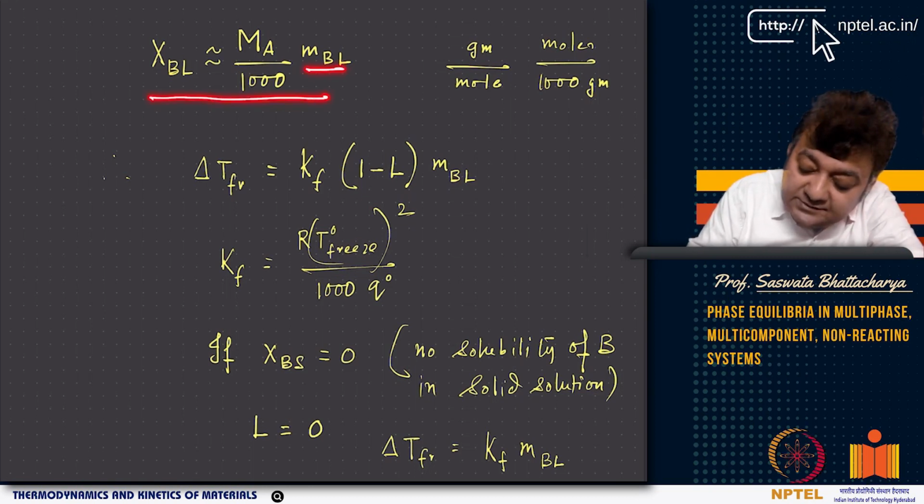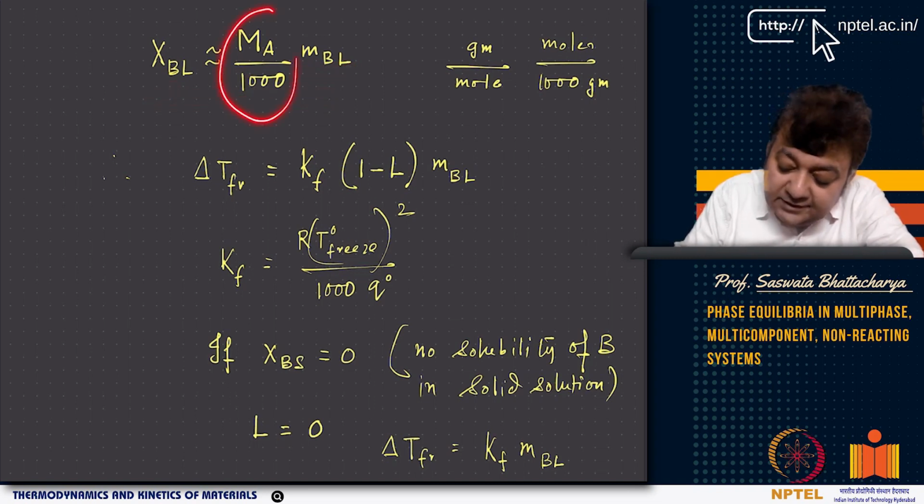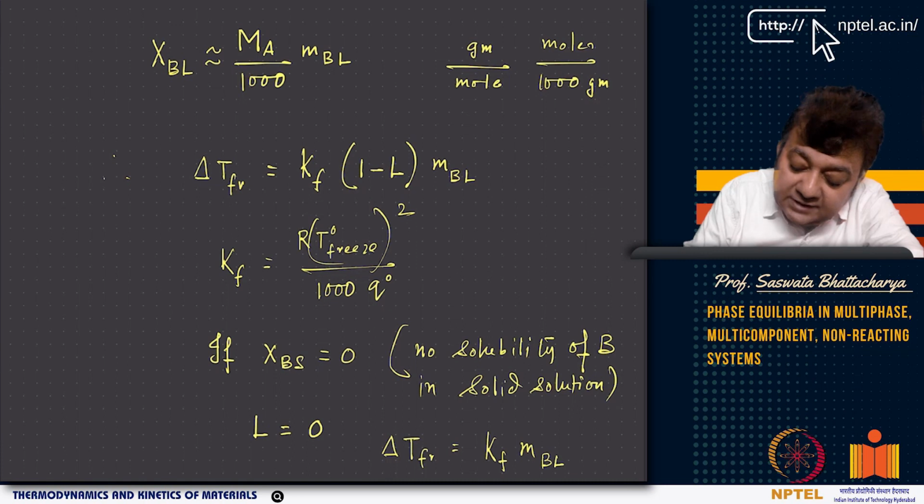Ma is the atomic weight or molecular weight of component A. A can be some compound, so that's why I'm telling Ma is the molecular weight of A. But if it is not a compound, it's a pure atomic species, then this becomes an atomic weight.